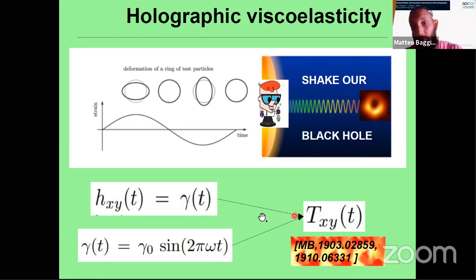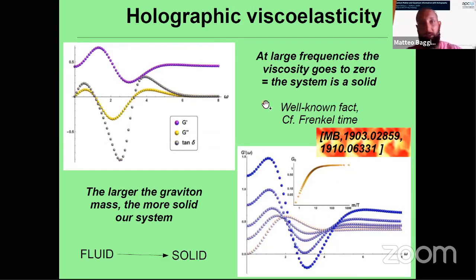Notice that this is a difficult problem because it is time dependent, so you have to solve a set of PDEs, but it's doable. And this is what we get. Let me first show you what happened here. You can see an example of G prime, G second, and the phase angle.